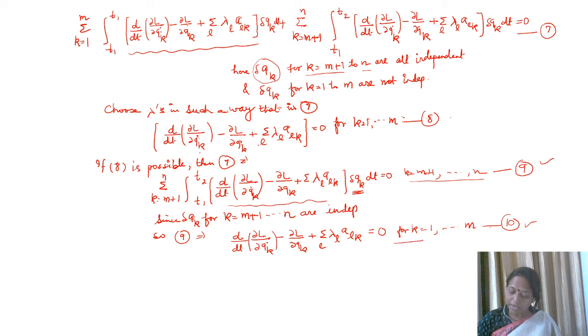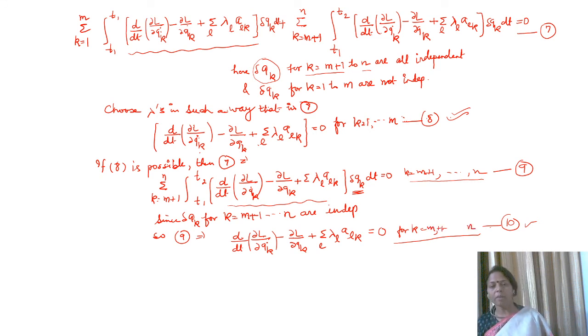Sorry, left hand side expression, not this 9, this 8. So 8 is for k equal to 1 to m, and here, for 9, k is from m plus 1 to n.